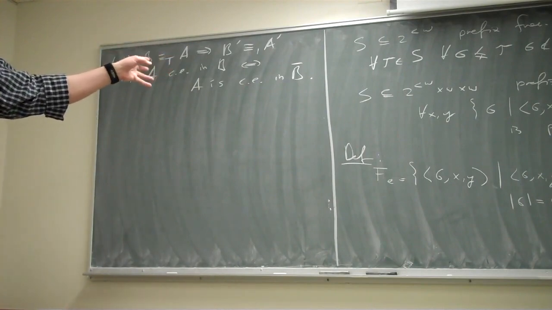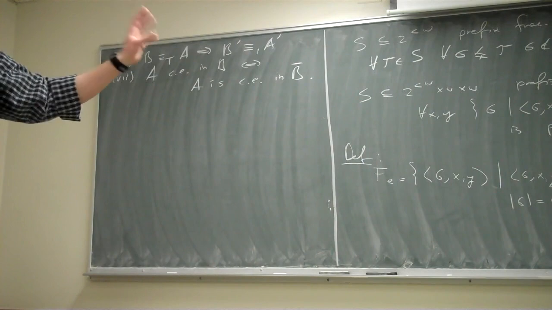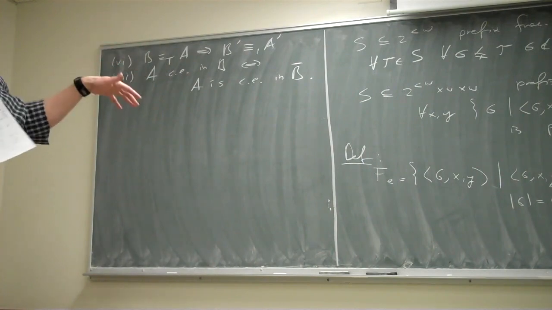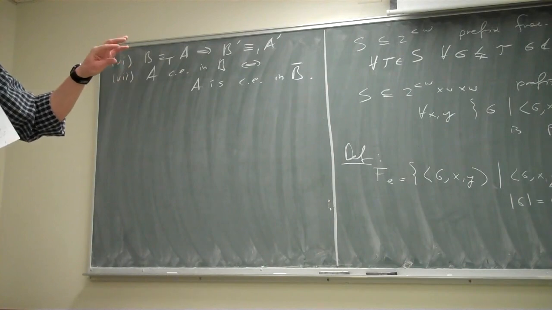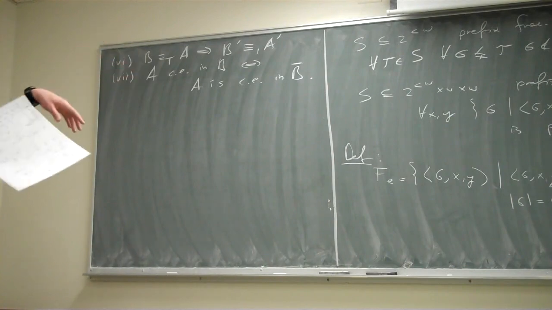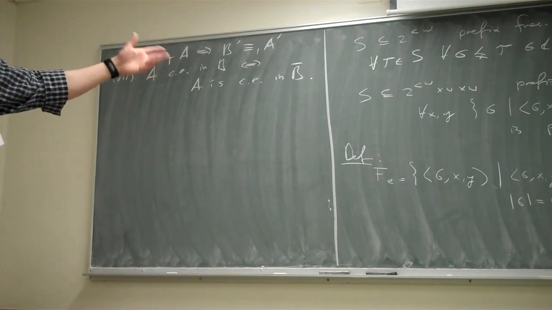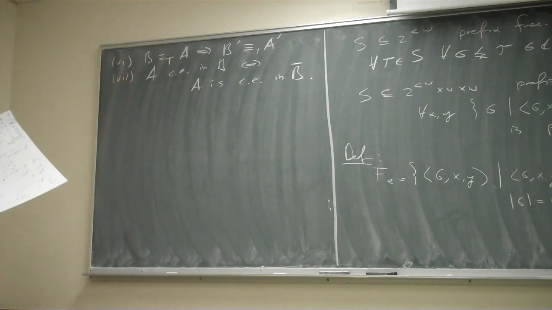In some of our reductions, a set and its complement are of different complexity, maybe. A cofinite set and its complement are hardly 1 equivalent. But for Turing reductions, a set and its complement are the same in complexity, so this is kind of obvious too.